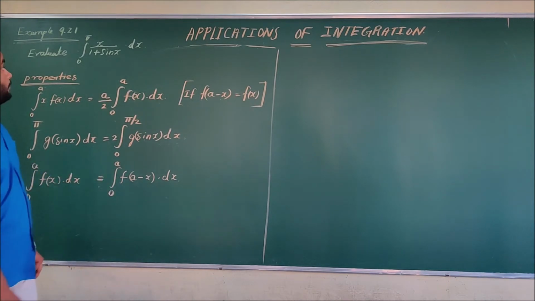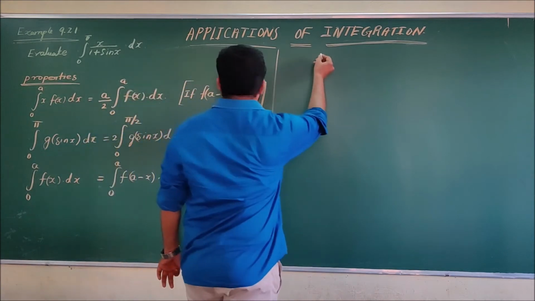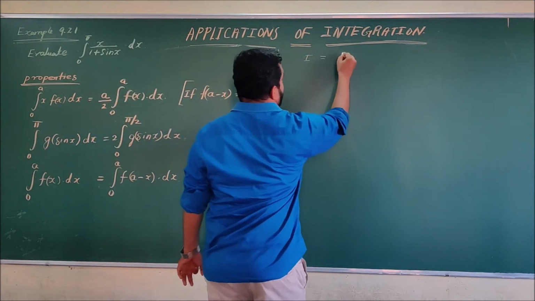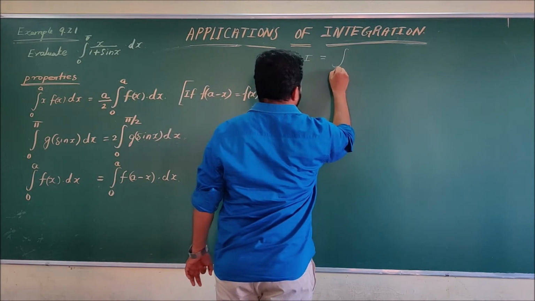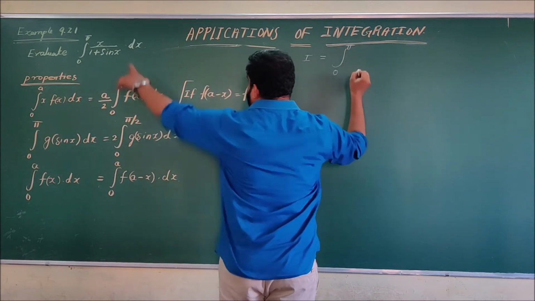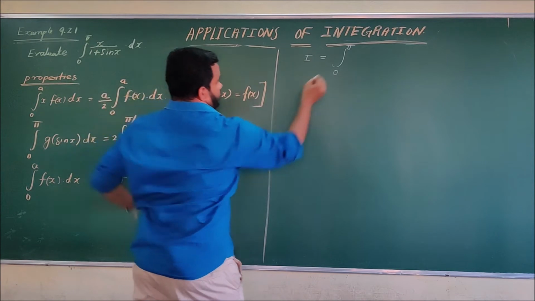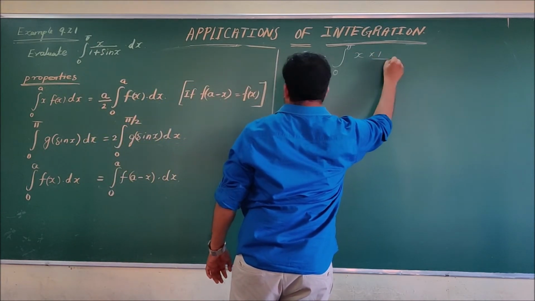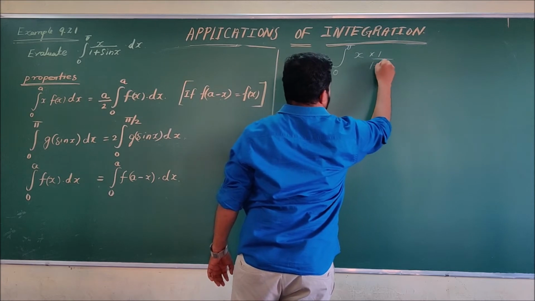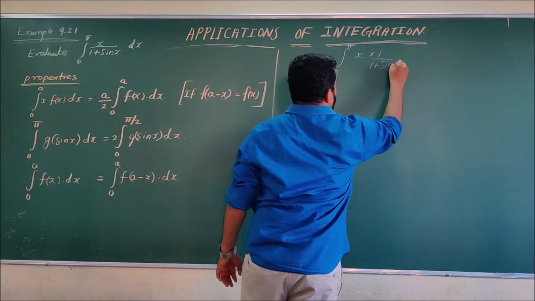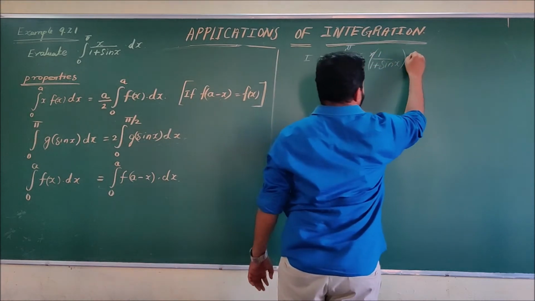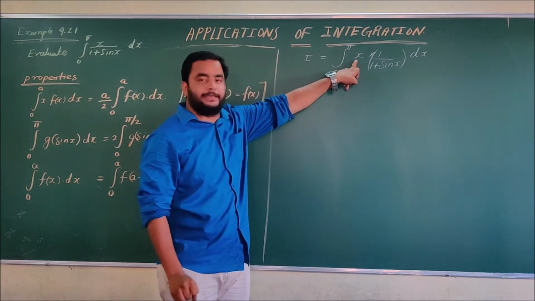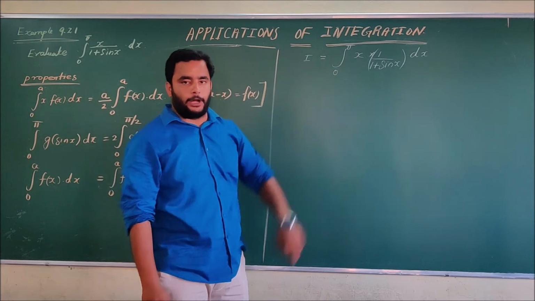First, we take the given question as I. So I is equal to the integral of 0 to pi, x into 1 by 1 plus sin x into dx. Now we can remove this x by using property number 1.